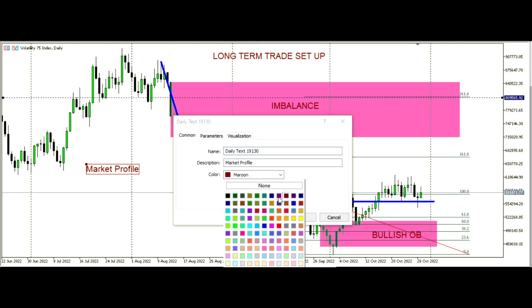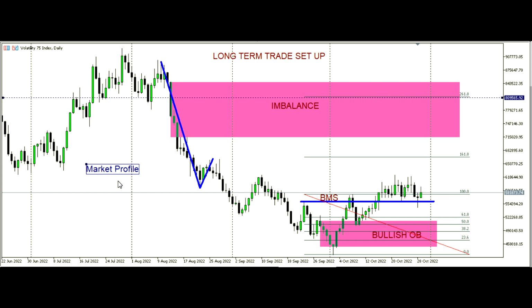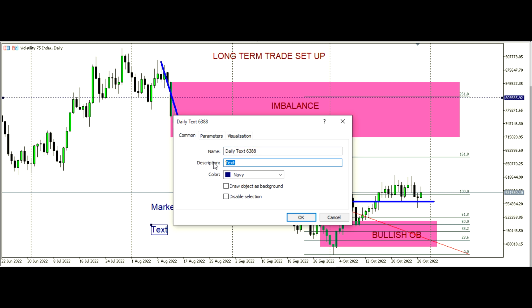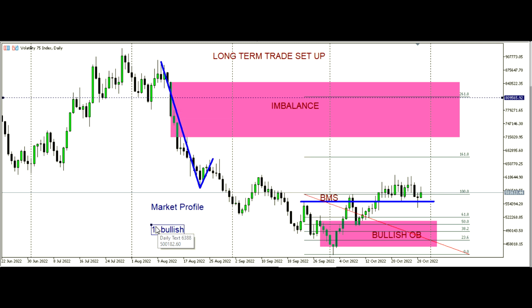We are looking at the market profile being either one, bullish, or two, bearish.